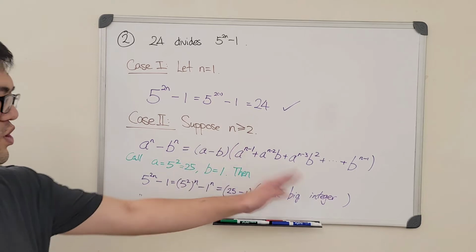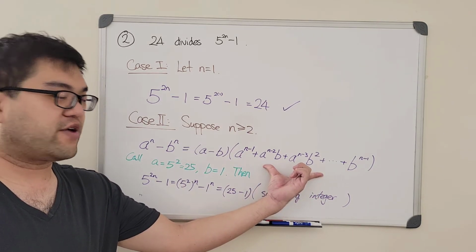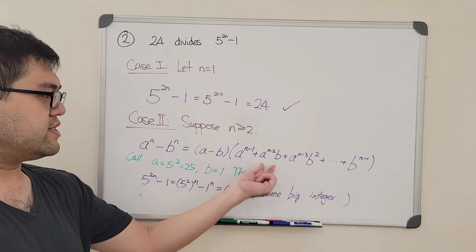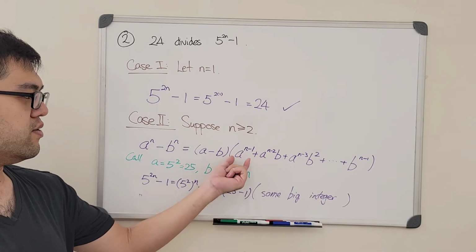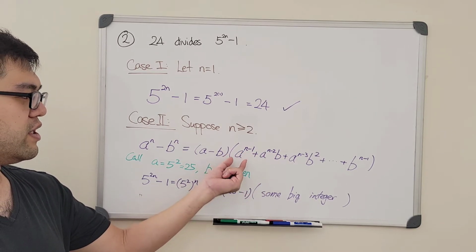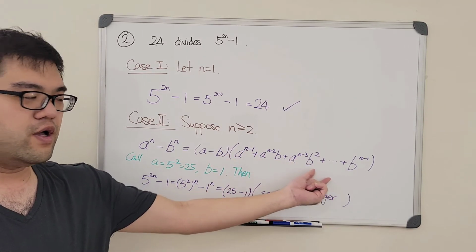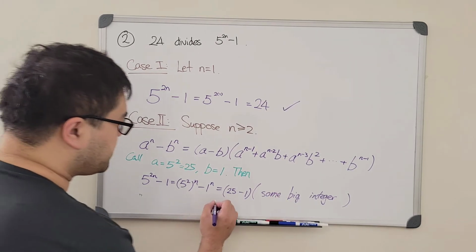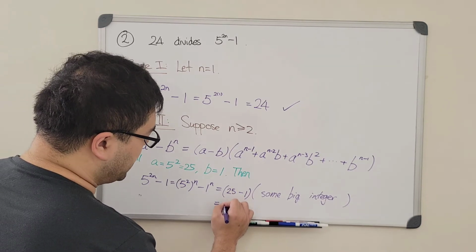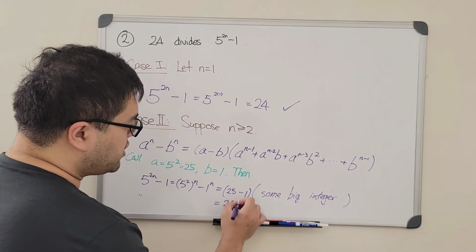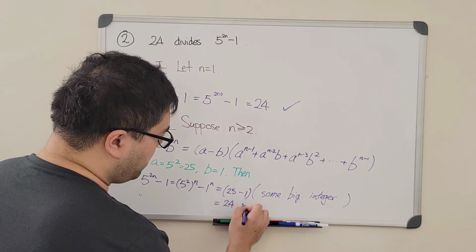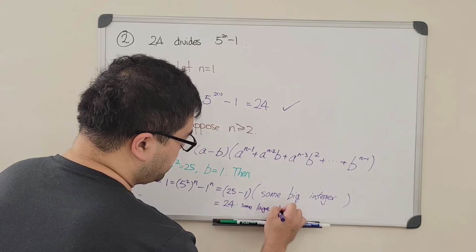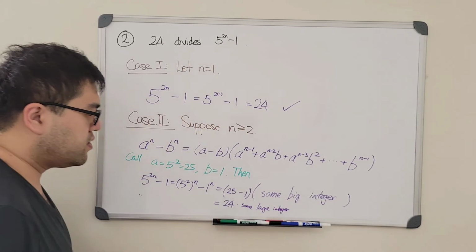We don't have to worry about what the exact value is anymore, but we know that since it's the sum of the products or powers of integers, each term must be an integer as well, so that the sum is also an integer. That gives us the first term can be reduced to 24 times some large integer. Good.